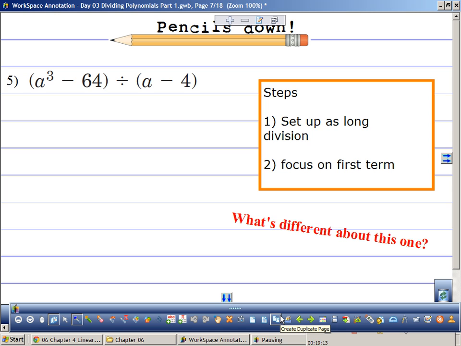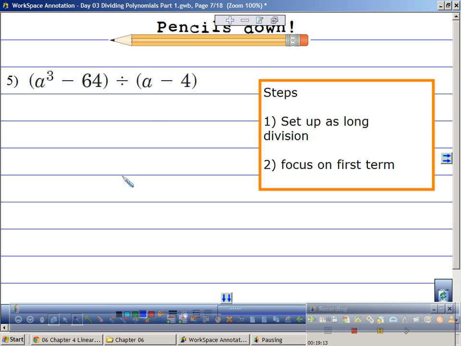What about this one? What's different about this one? And what else? So normally I have a binomial times a binomial gives me a trinomial, right?